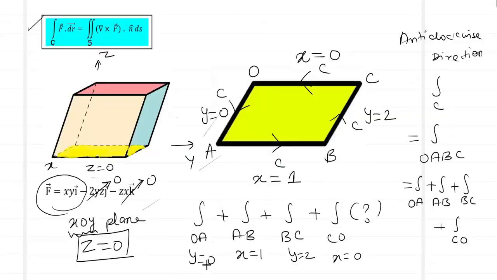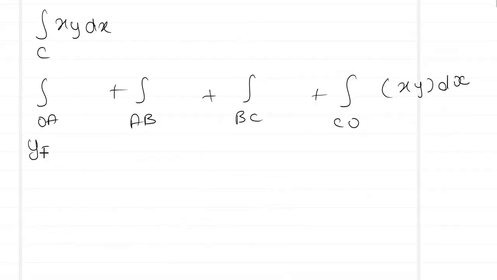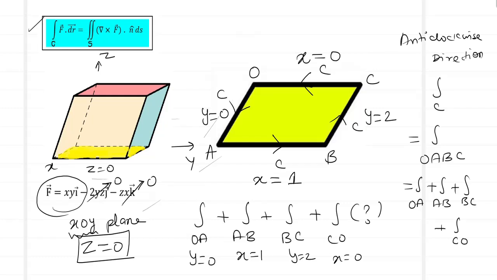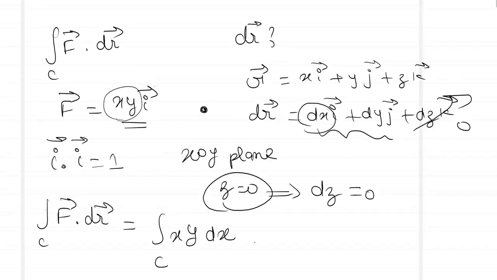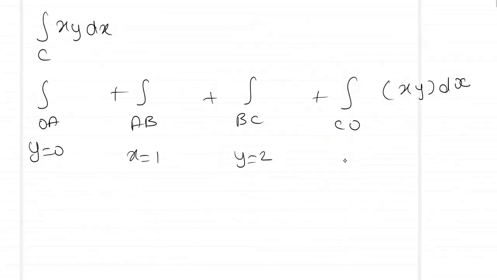What is the equation of OA? y equal to 0. What is the equation of AB? x equal to 1. The next one is y equal to 2. And the last one, what was the last one? x equal to 0.